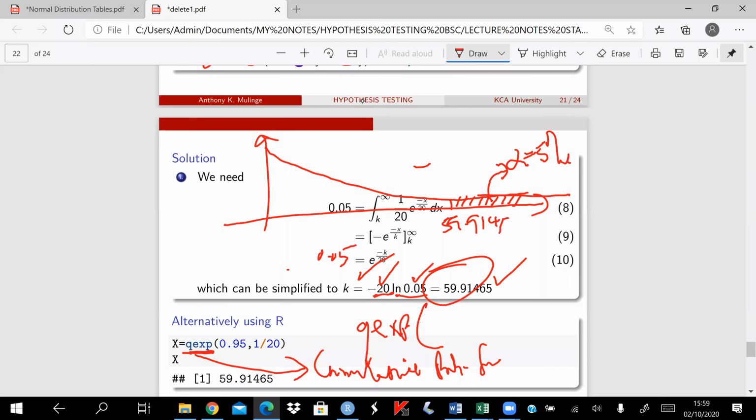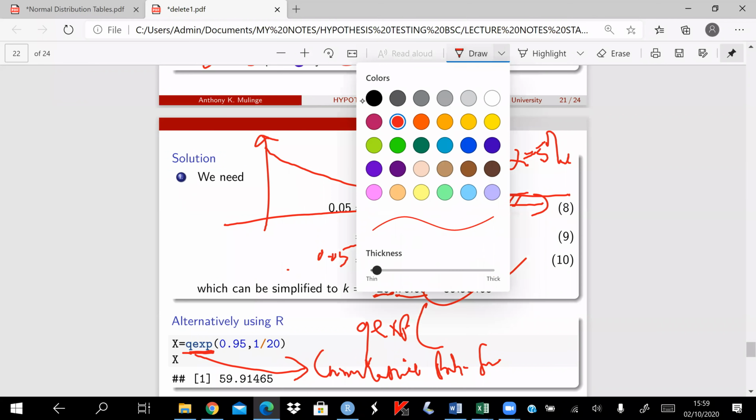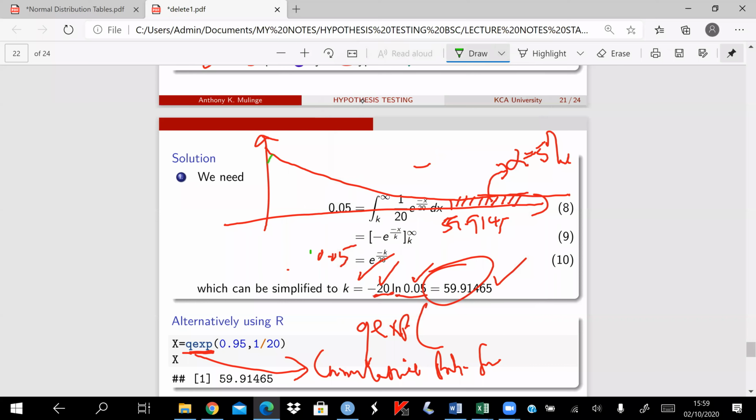So these are cumulative probabilities, and you are looking for the area shaded in green now. The QX will always give you that probability. In our case, it should be 0.95.